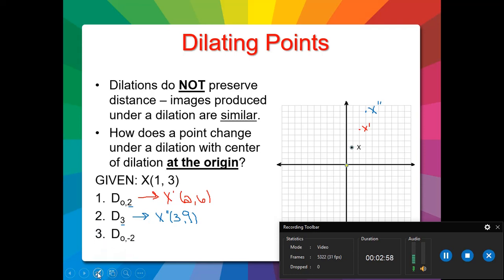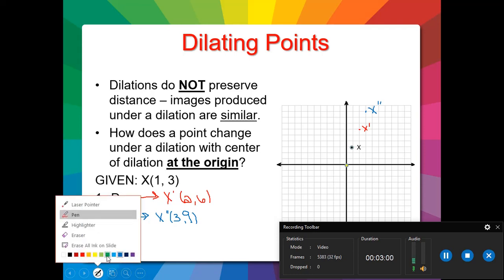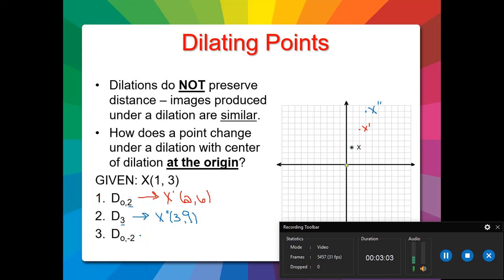For our third example, dilating about the origin, but now we want to use a scale factor of -2 to get X triple prime. We're going to use the same established pattern, but instead I'm going to drop 3 and go to the left 1. When it's a negative scale factor, it places the image on the opposite side of the center of dilation.